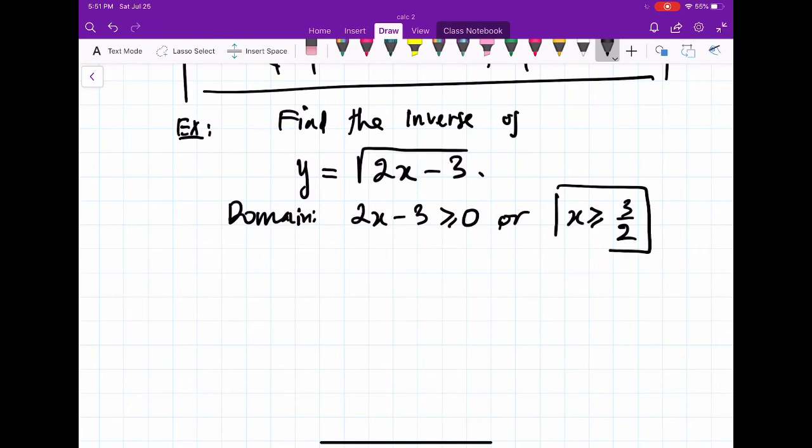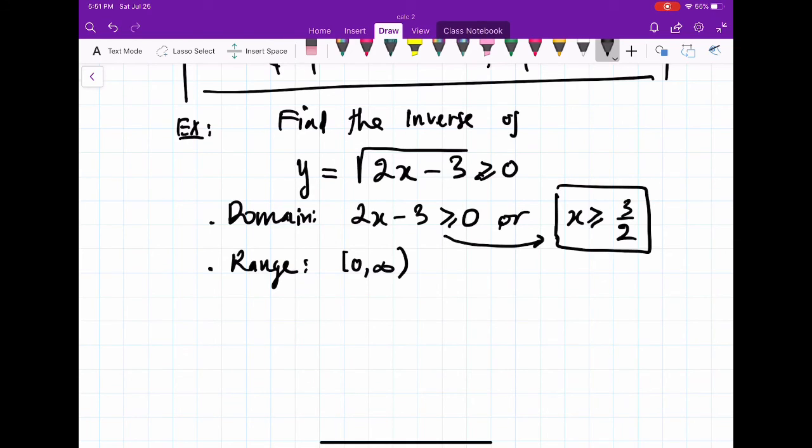I skip steps here, so I hope you can see how to solve this inequality to get this domain. And the range of this function should be all numbers greater than or equal to 0, the interval 0 to infinity, because you have a square root here, which is always non-negative.